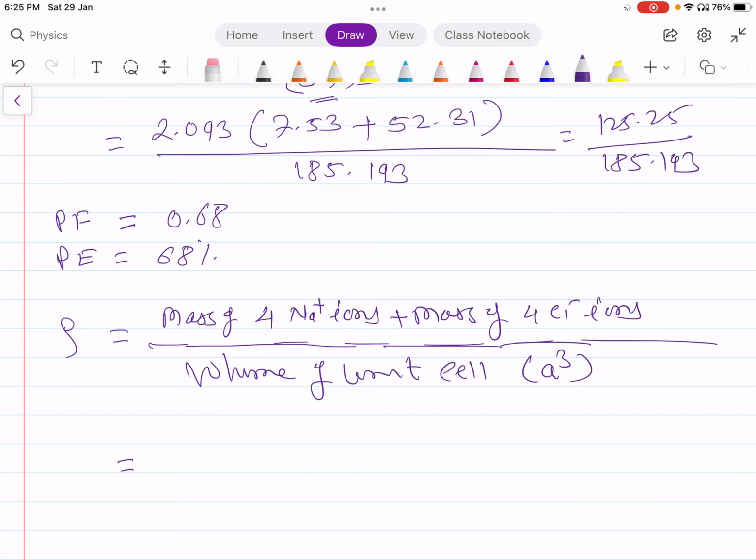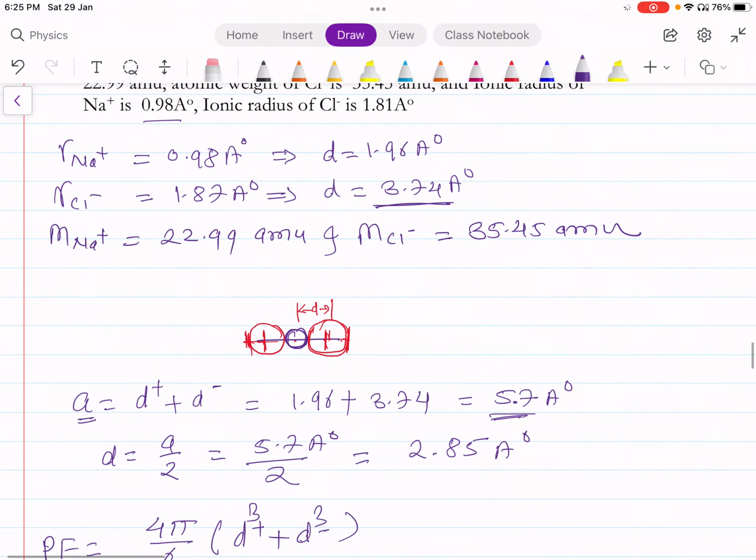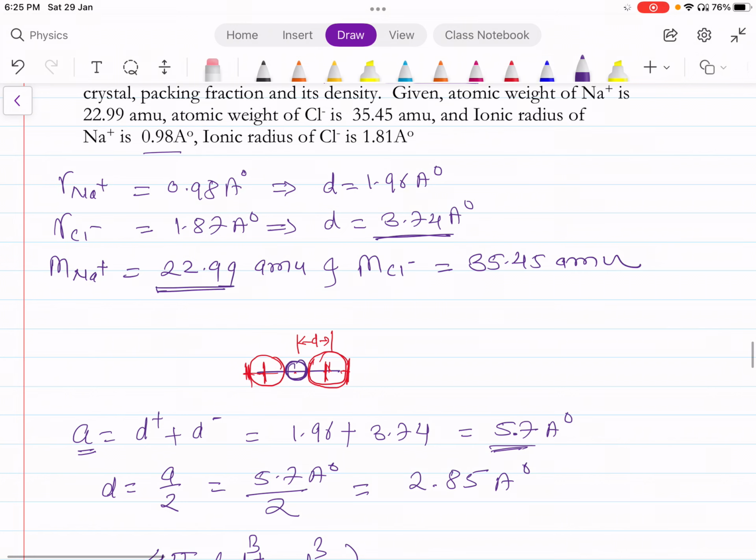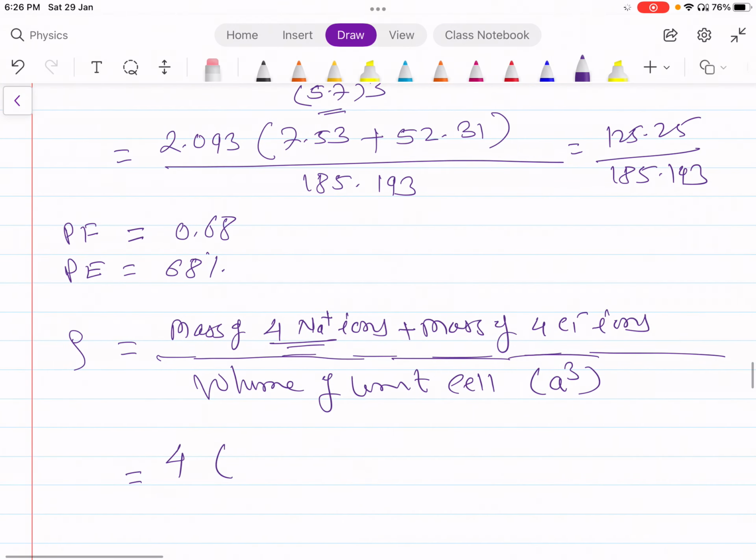So that's equal to 4. Mass of sodium is given, 22.99 here, and chlorine is 35.45. So 4 common, 22.99 plus 35.45.